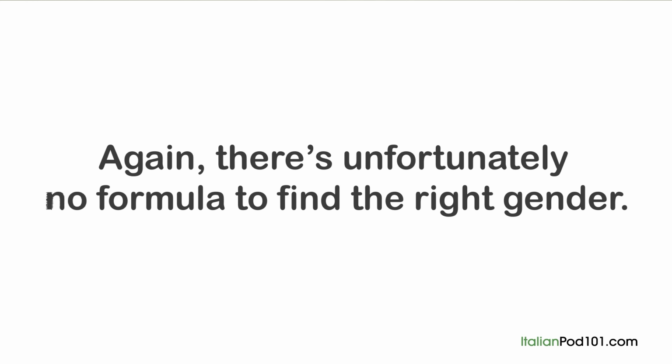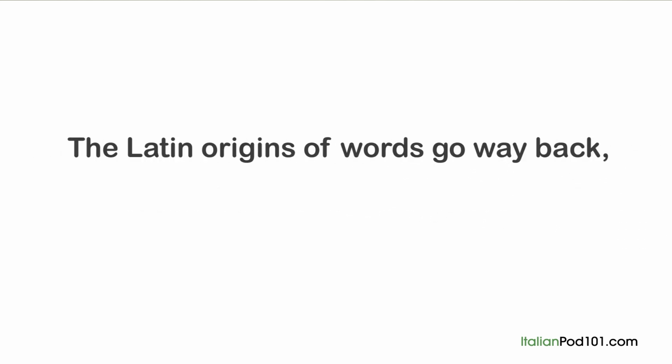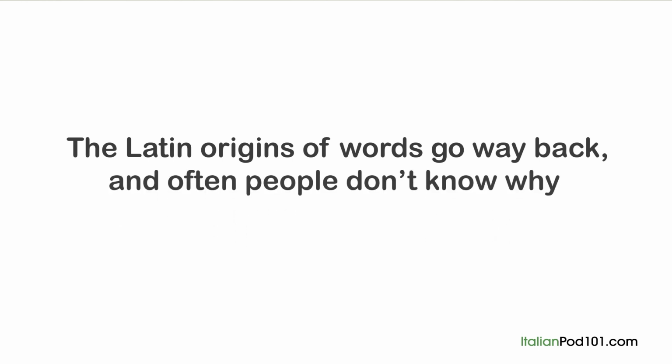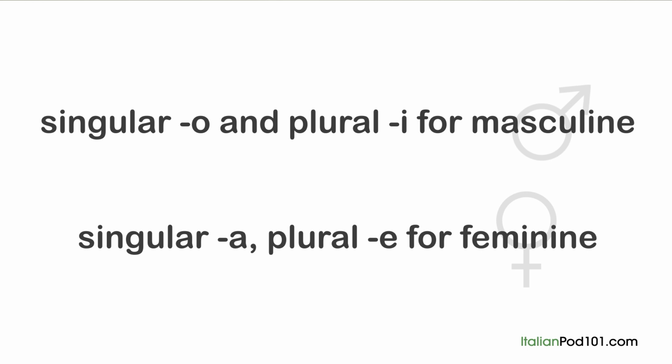Again, there is unfortunately no formula to find the right gender. The Latin origins of words go way back, and often people don't know why some words have a certain gender today. Your best guide is going to be our first rule, singular O and plural I for masculine, and singular A, plural E for feminine.